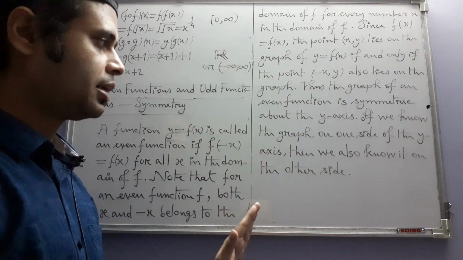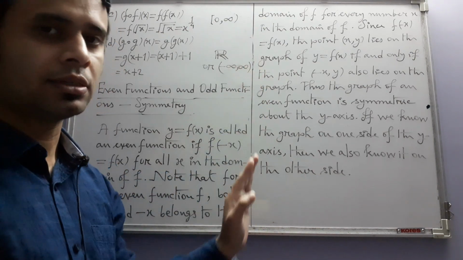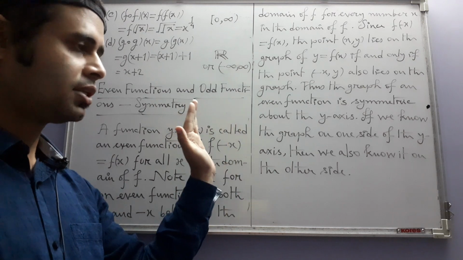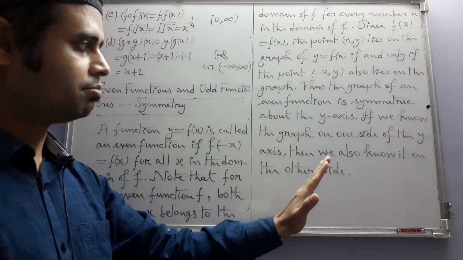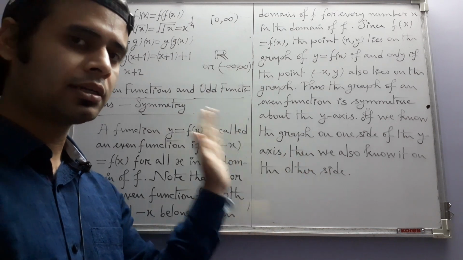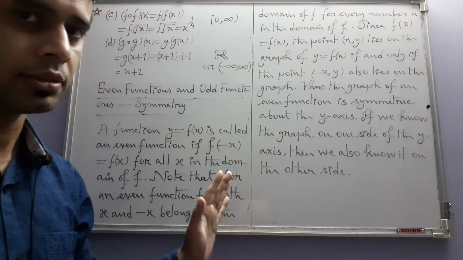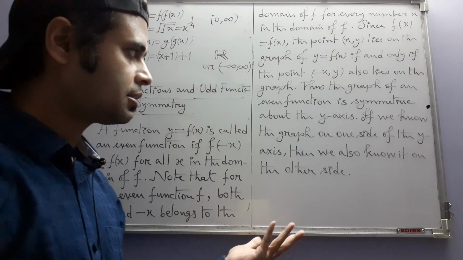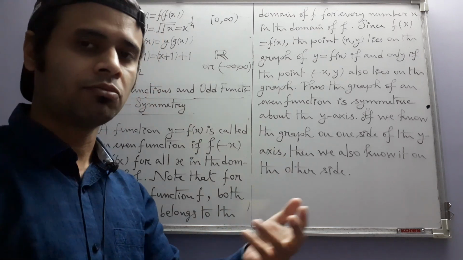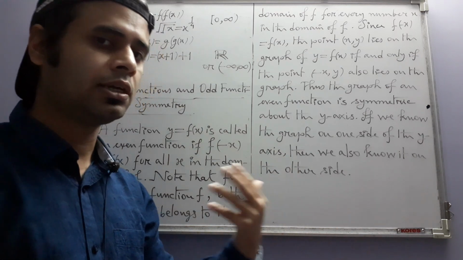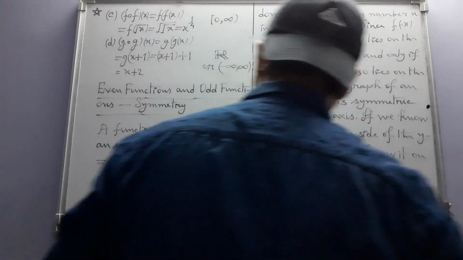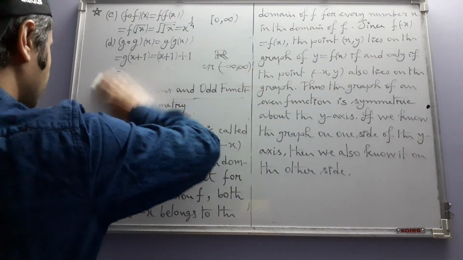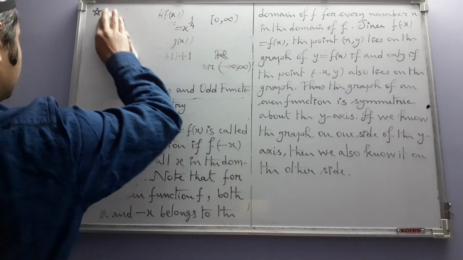In the sense that if you think of the y-axis as a mirror, then one part of the graph which lies on one side of the y-axis will be the mirror image of the other part lying on the other side of the y-axis. So in that sense, if you know the graph on one side of the y-axis, you automatically know it on the other side. To illustrate this, we take the example of the square function, which is an even function.